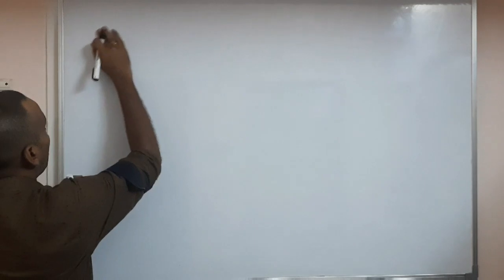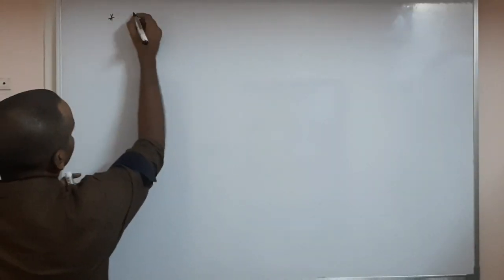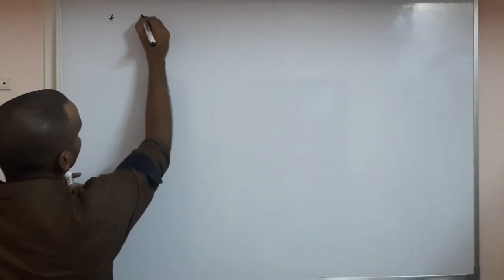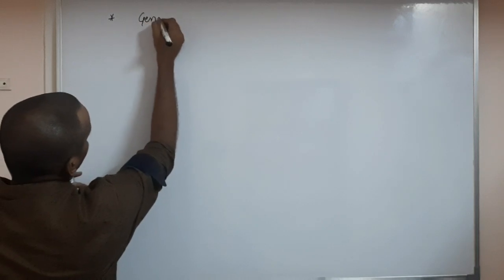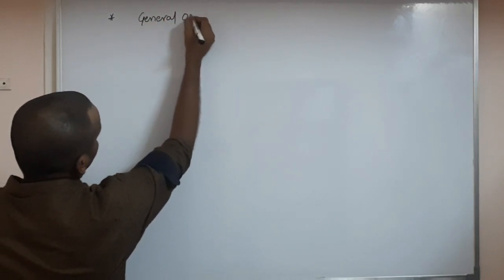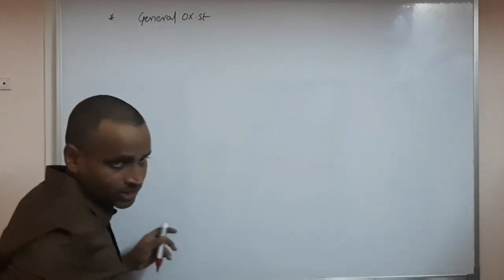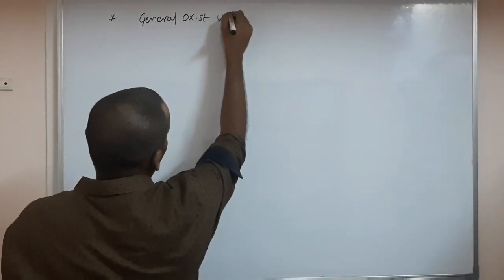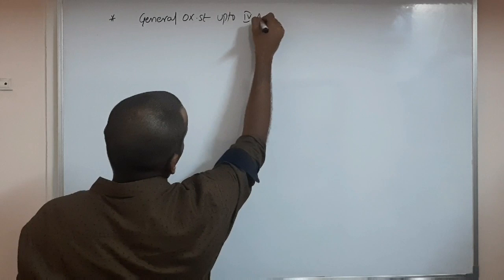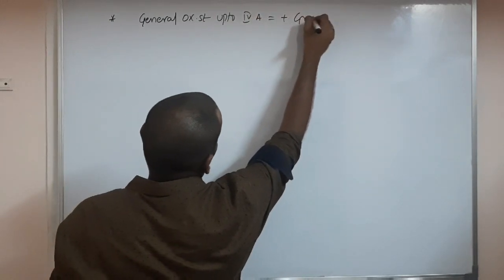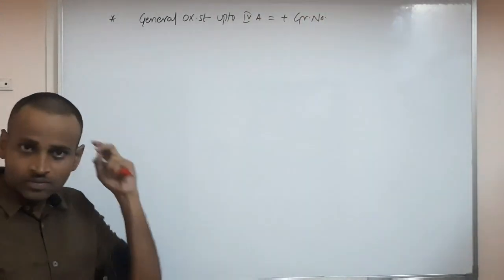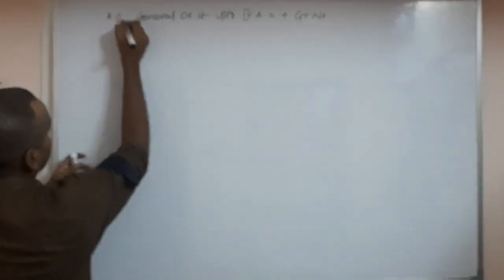For that, I told you previously, for a particular atom, what is the general oxidation state? Up to 4A group elements, up to 4A it is plus group number. Do you know this? Correct? And this is number one.